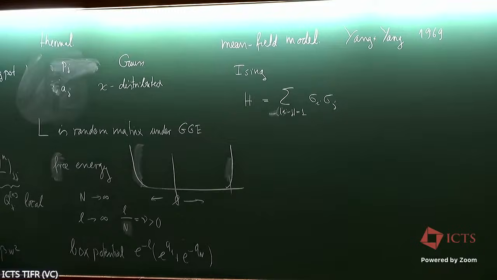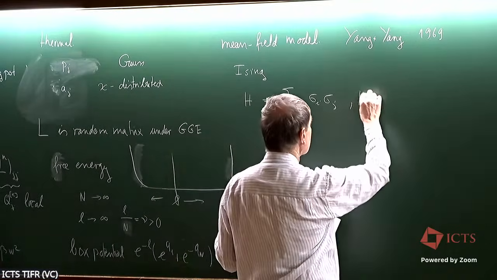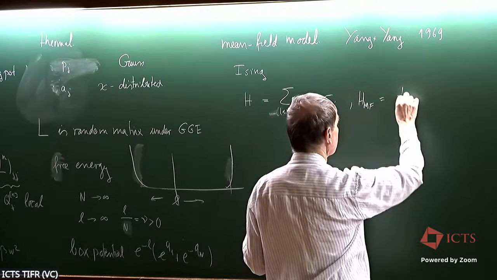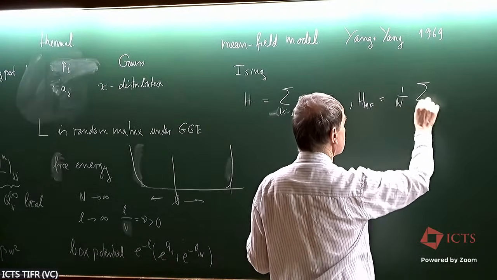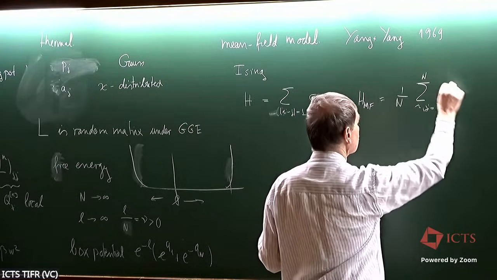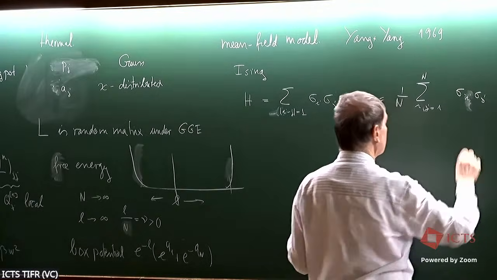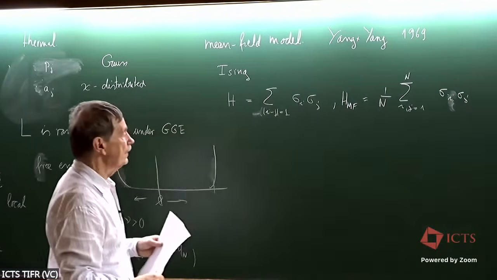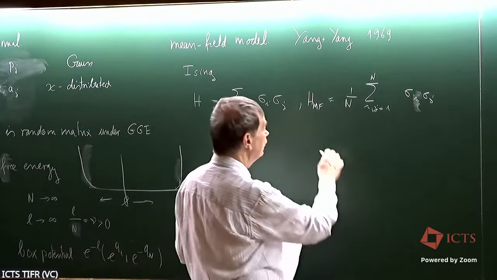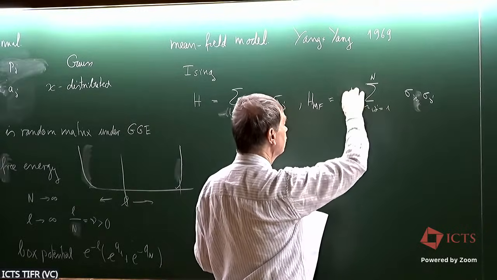I want to say that you can now change the model into a mean field model. So you make the mean field model. You just do 1 over n, and you sum over all sites, 1 up to n, and then you do the same sigma i, sigma j. And why is this useful? First of all, you see it's still extensive, because I have n squared terms and I multiply by 1 over n.